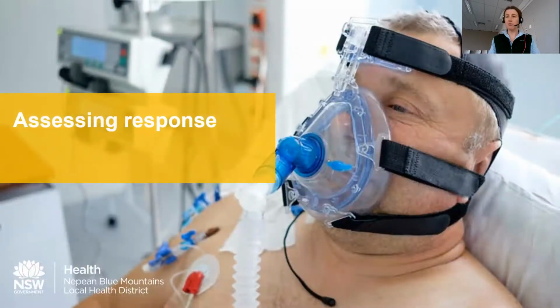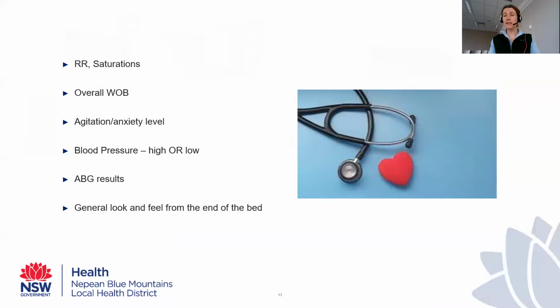In terms of assessing response, you want to do a really good physical assessment and a really good respiratory assessment to see if this is working, your therapy is working. In most patients, you want to see an improvement within the first 60 to 90 minutes. And they obviously, we're not going to completely fix them in that time frame, but we want to see their work of breathing decreased. We want to see maybe a slight improvement in saturations.